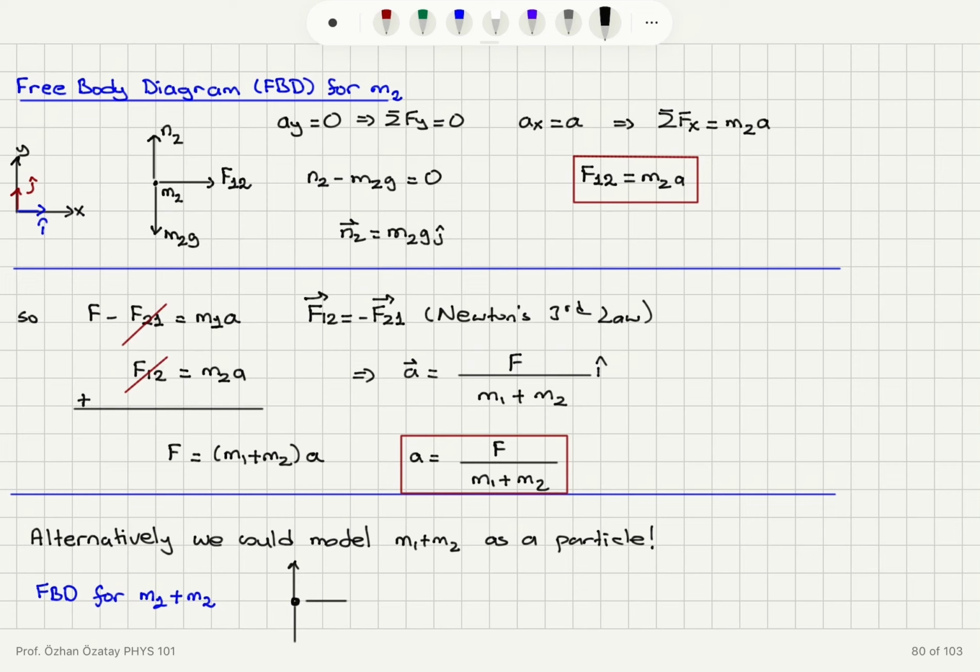So here is our particle. There is a force F acting on it. There is a normal force. There is the weight (m1 plus m2) g, and this is our particle with mass m1 plus m2. And this has an acceleration on the x-axis. So therefore, the net force on the x-axis, F, must be equal to (m1 plus m2) a, because ax is equal to a. So this brings us to the same conclusion about the common acceleration.